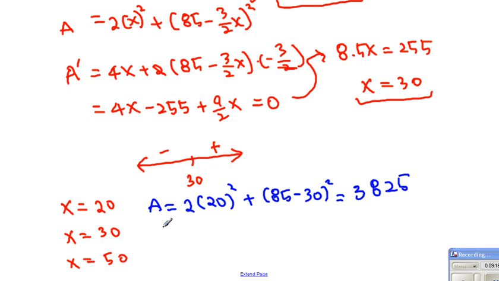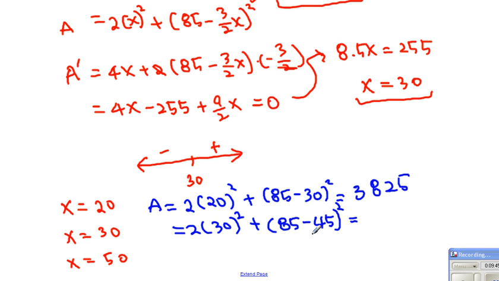3825. Now, when you do it for 30, 2 times 30 squared, we predicted that to be the minimum. Let's see if it will be. 85 minus, when you plug in 30, you end up getting 45 squared.